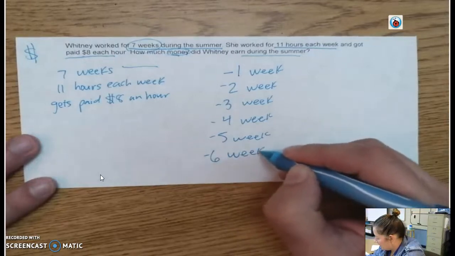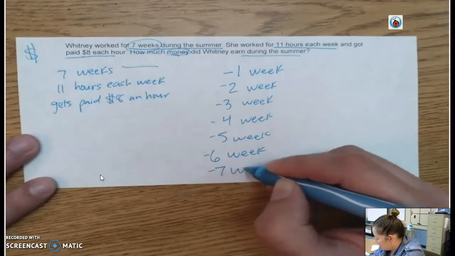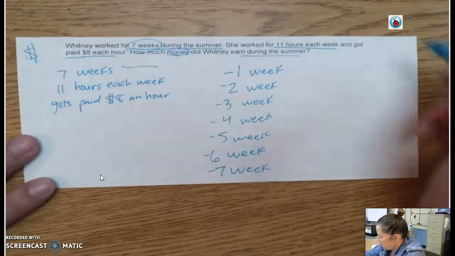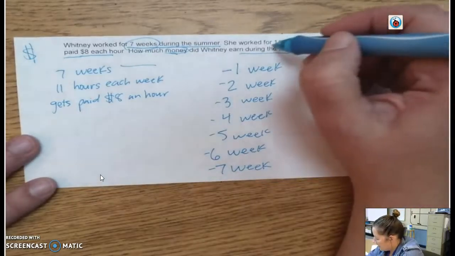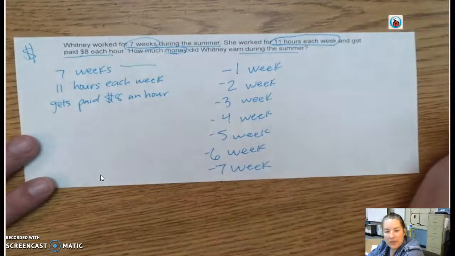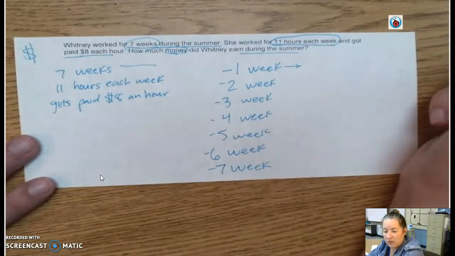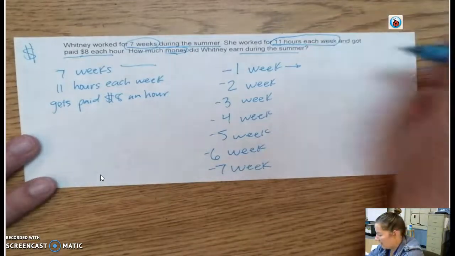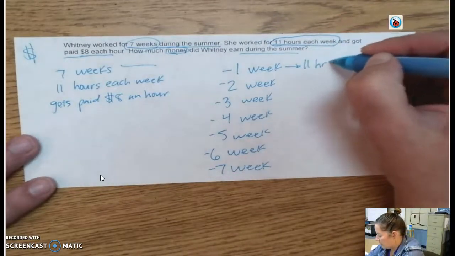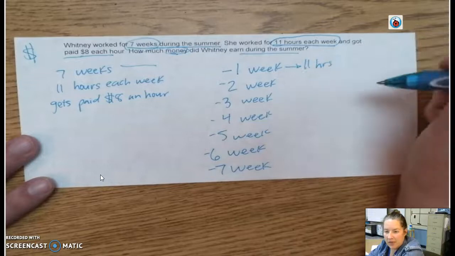Week 6, and then week 7. For each of those weeks, it says she works 11 hours each week. So in week 1, how many hours does she work? Well, it says she works 11 hours each week. So for this first week, she works 11 hours.